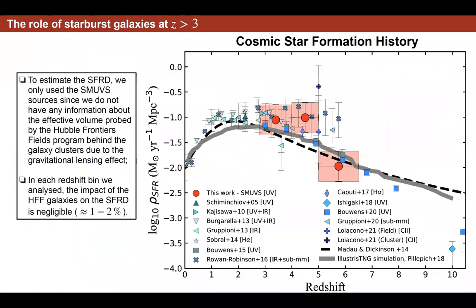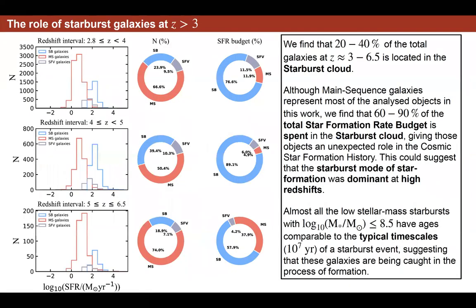Then we estimated the cosmic star formation rate density. And to do that, I forgot to tell you that for this kind of analysis, we only consider those galaxies with stellar masses greater than 10^9 solar masses to be mass complete, even in the highest redshift bin.